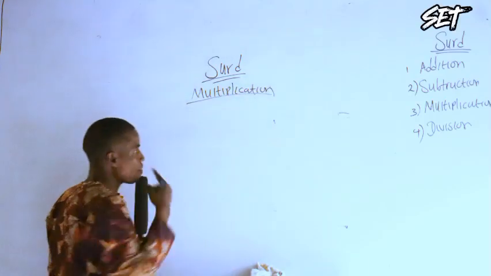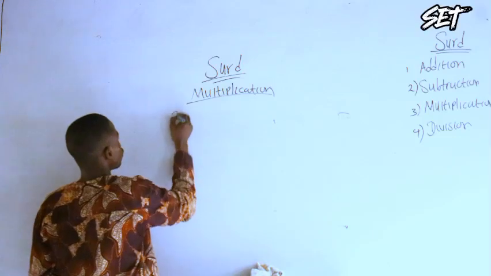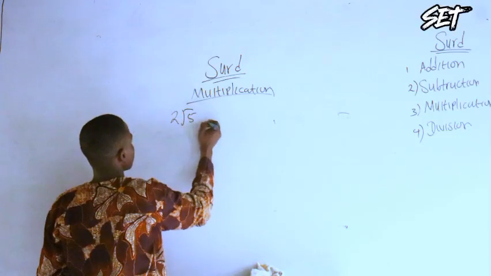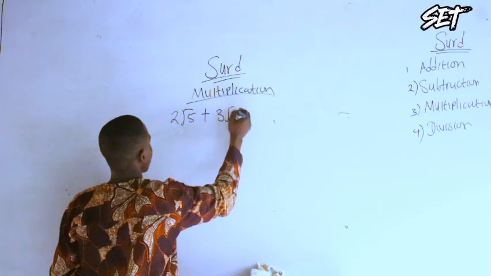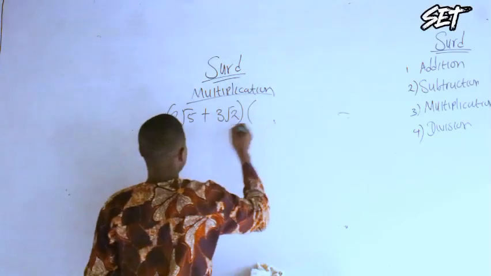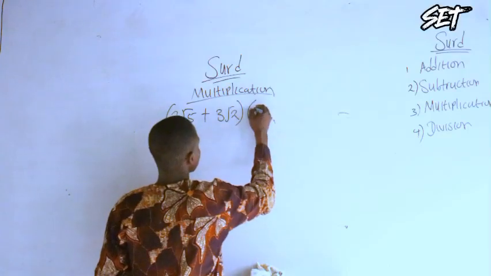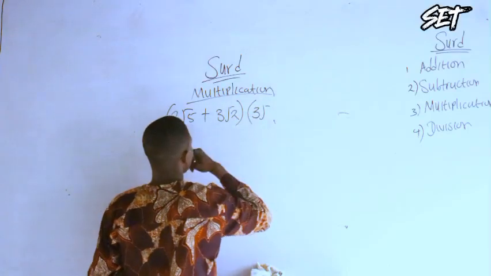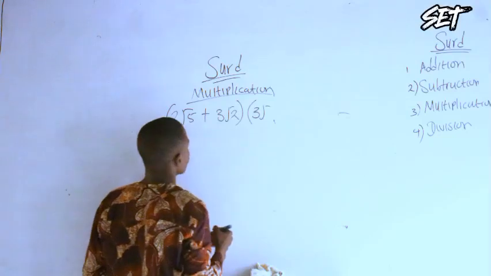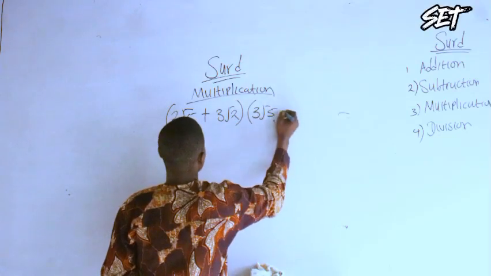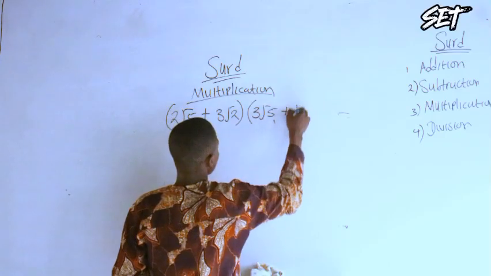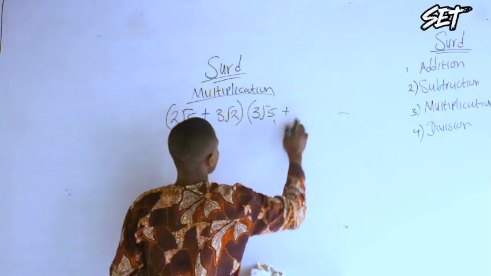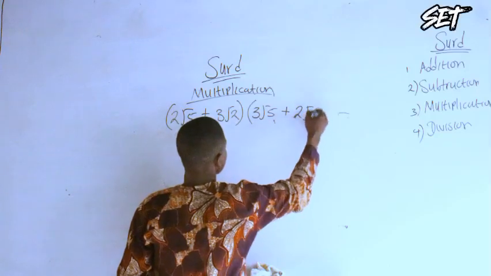Now, when we have something like this, (2 root 5 plus 3 root 2), bracket again, (3 root 5 plus 2 root 3).